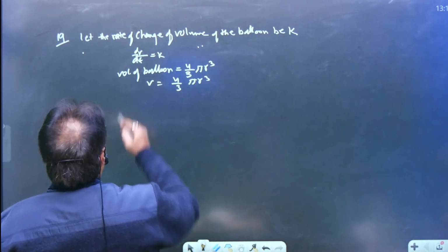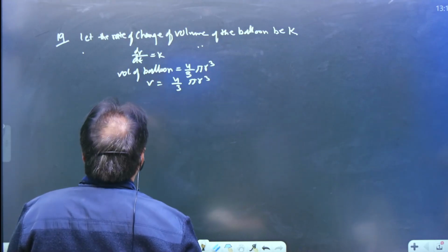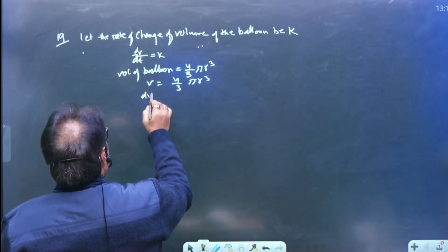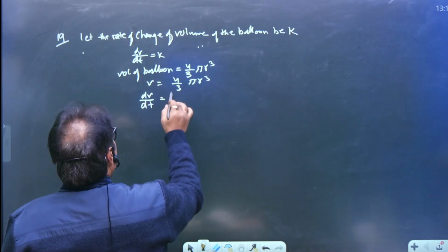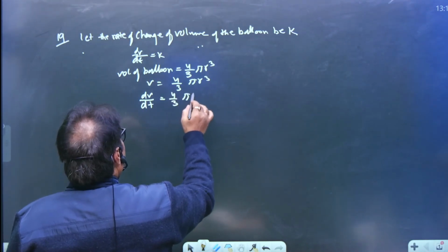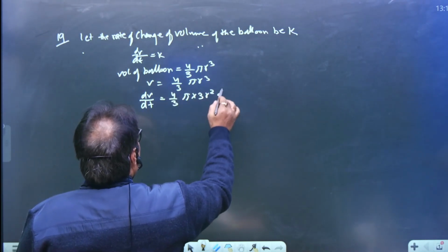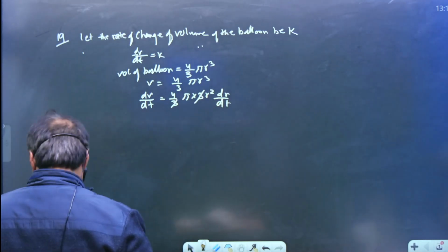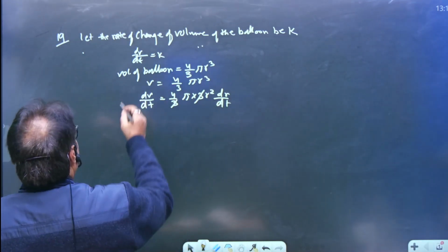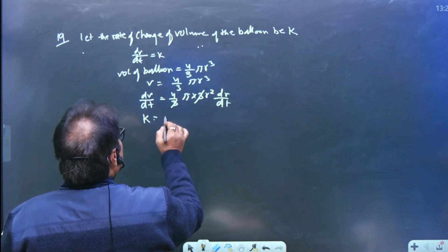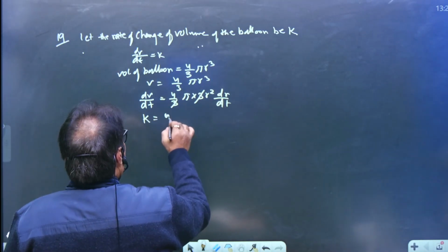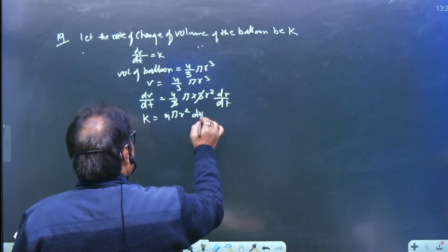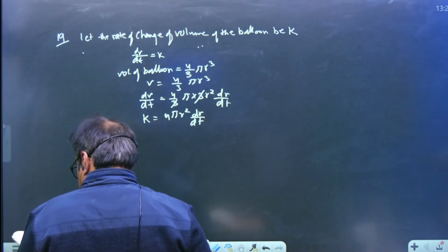And since it is changing with respect to time, dv by dt is equal to 4 by 3 pi into 3 r square dr by dt. So this 3 and 3 cancel out, and the value of dv by dt, that is k, so k is equal to 4 pi r square dr by dt.